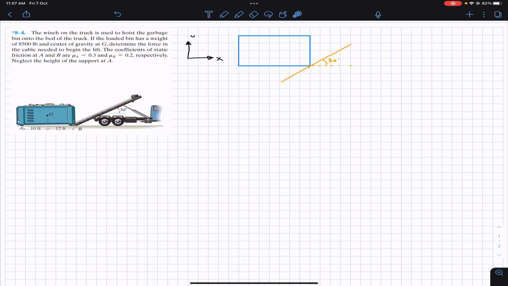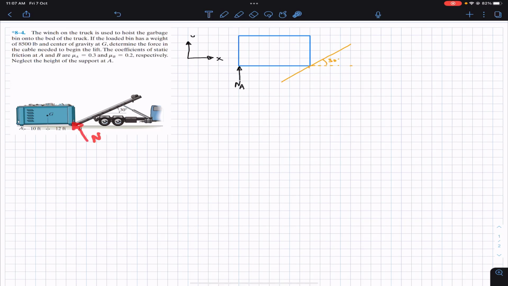At A, we will have the normal reaction, which the surface is going to apply. The reaction at A is, let's say, NA, and at point B we will have NB. But that NB will be perpendicular to the inclined surface, right?